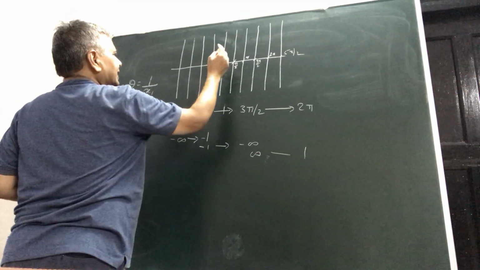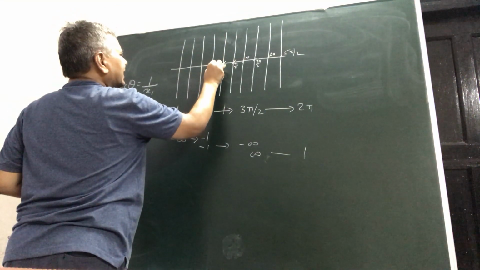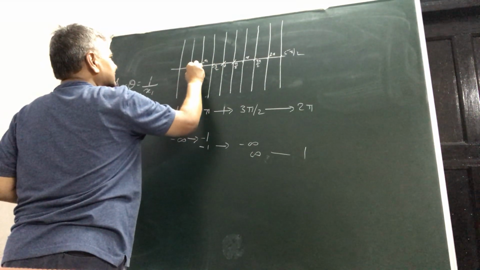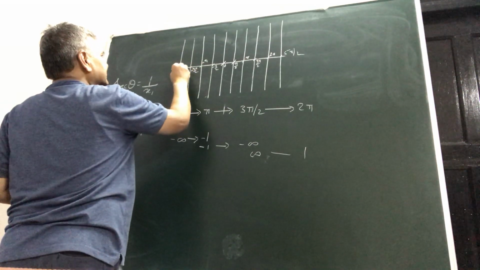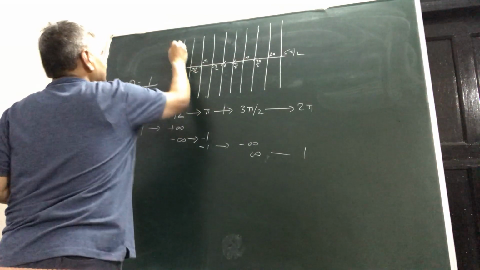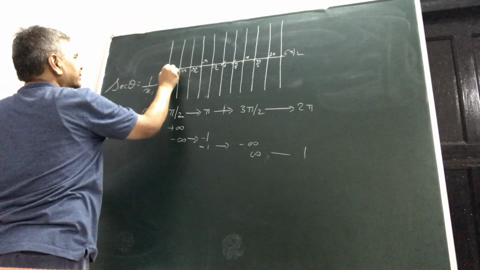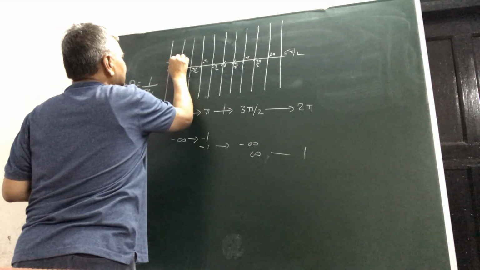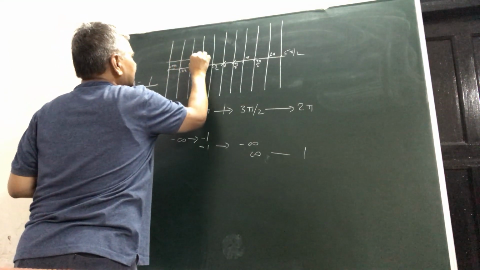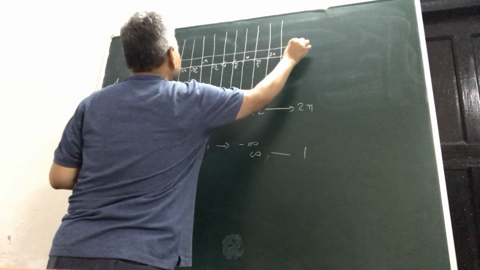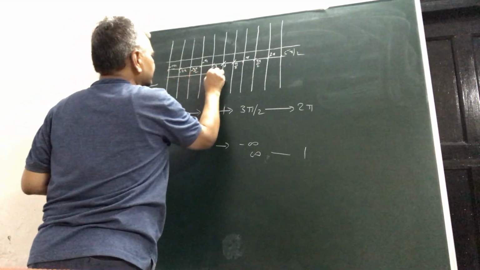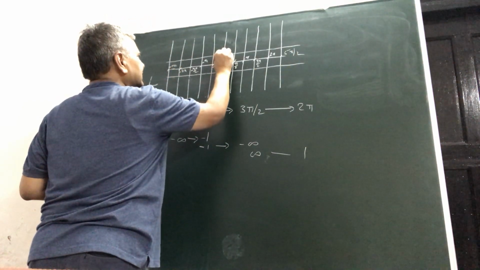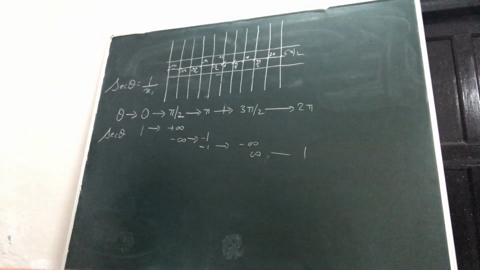Here it will be minus pi by 2, this is minus pi, this is minus 3 pi by 2, and this is minus 2 pi, and minus 5 pi by 2, and so on. Then you draw two lines here, one corresponding to plus 1, the other corresponding to minus 1. This much of thing we will do.